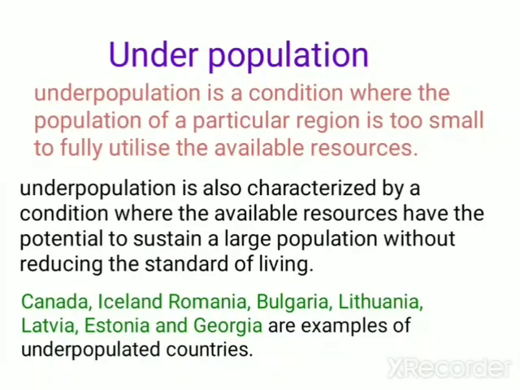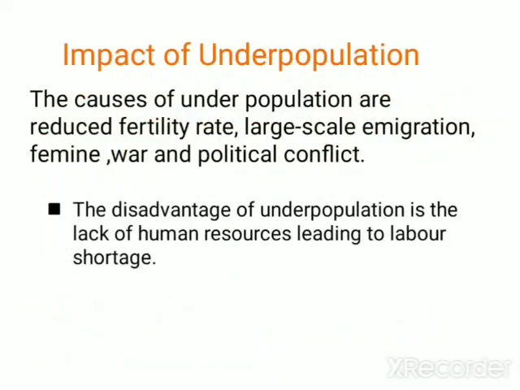Countries like Canada, Iceland, Romania, Bulgaria, Lithuania, Latvia, Estonia, and Georgia are examples of underpopulated countries. The causes of underpopulation are reduced fertility rate, large scale emigration, famine, war, and political conflict.